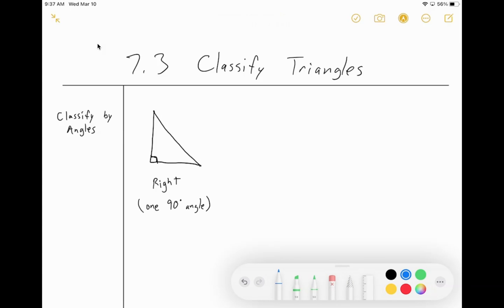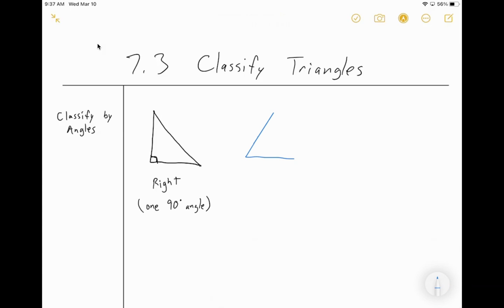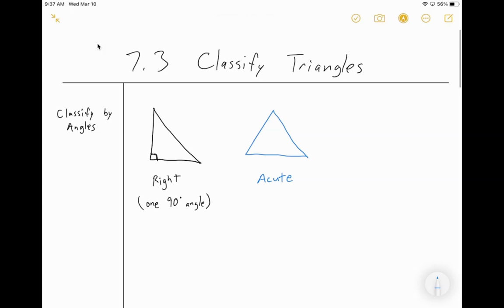The next kind of triangle we have is called an acute triangle. An acute triangle has all acute angles.